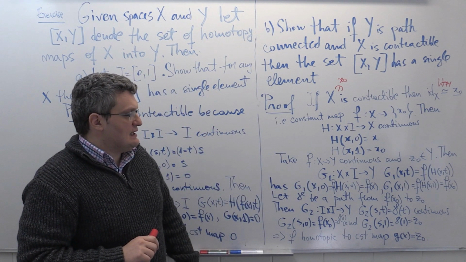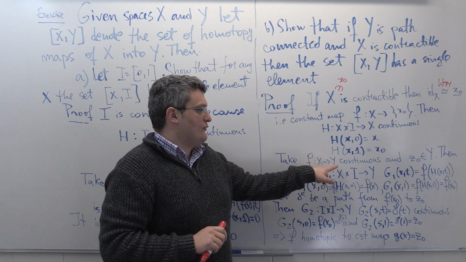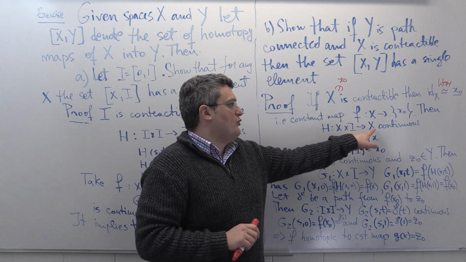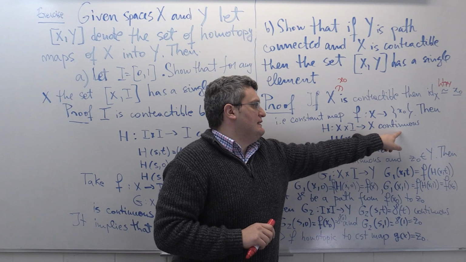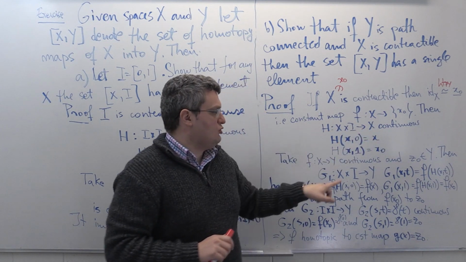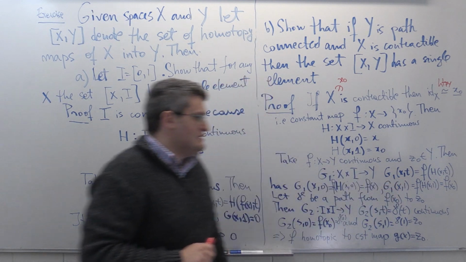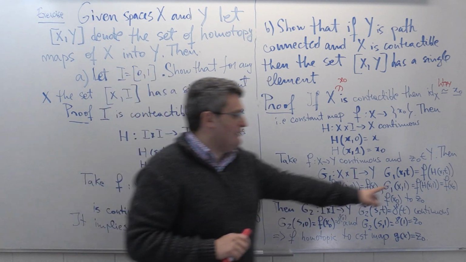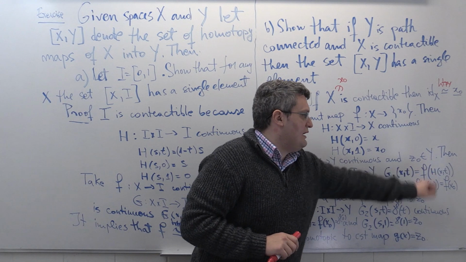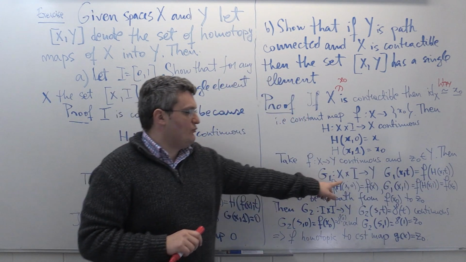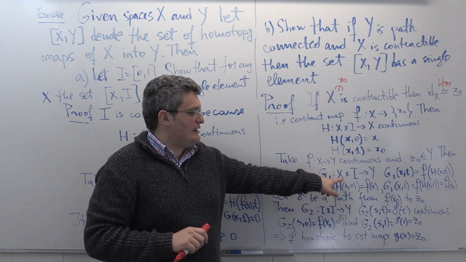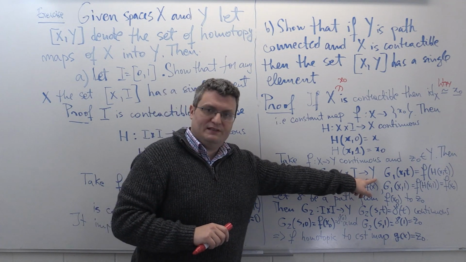The function is defined from X to Y, so if you compose this function with the homotopy, we can create a new continuous map, g1 of x,t equals f applied to H of x,t. So it is well defined. It's defined from X times I with values in Y.